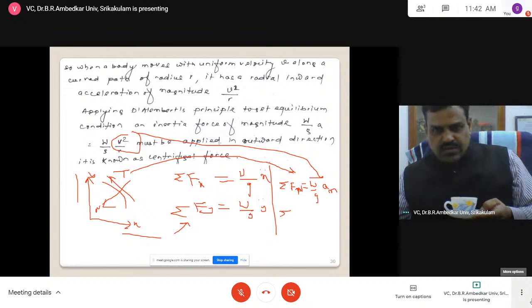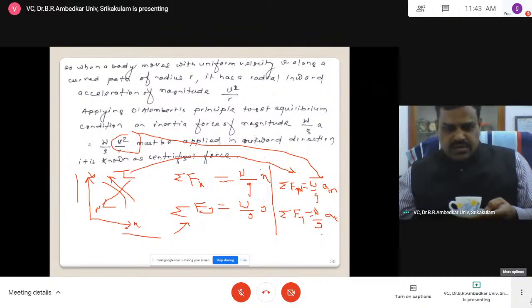Or sigma F tangential is equal to W by g into tangential acceleration.